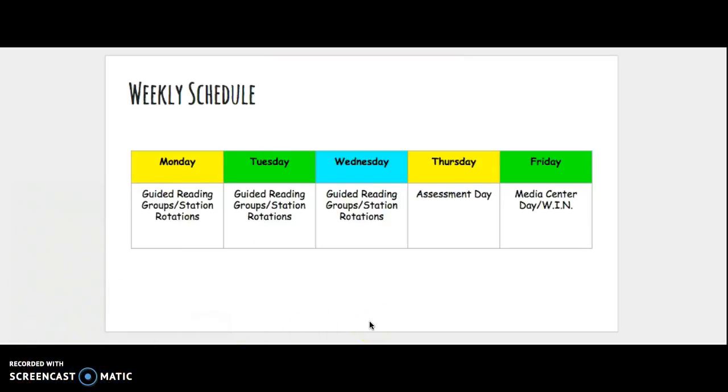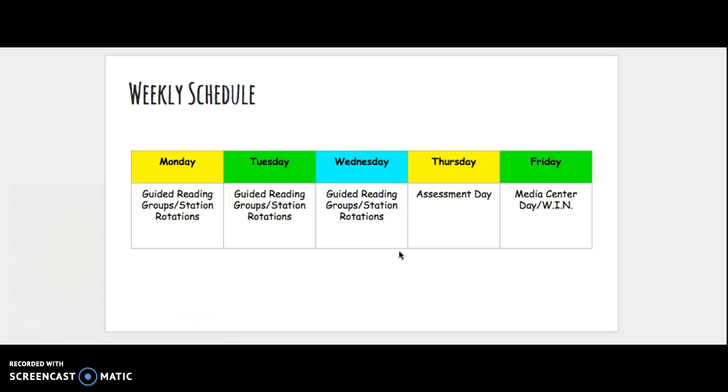So this is the weekly schedule that I plan to use once the school year starts. Monday, Tuesday, and Wednesday will be reserved for guided reading groups and station rotations. The middle school I work at is moving towards a guided reading model.